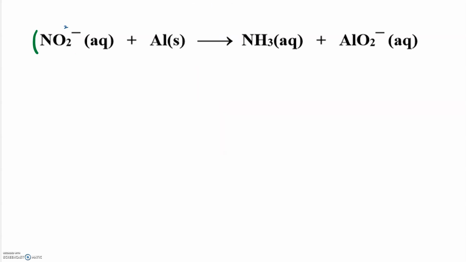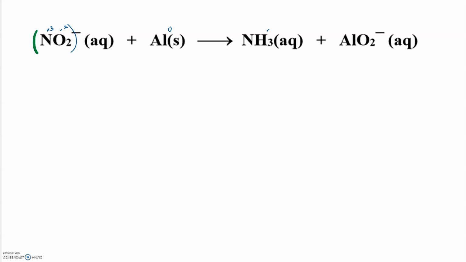Oxygens are always -2. And since this overall molecule has a charge of -1, this nitrogen will have a charge of +3. This aluminum is an elemental, so it has a charge of 0. This is a molecule of ammonia.